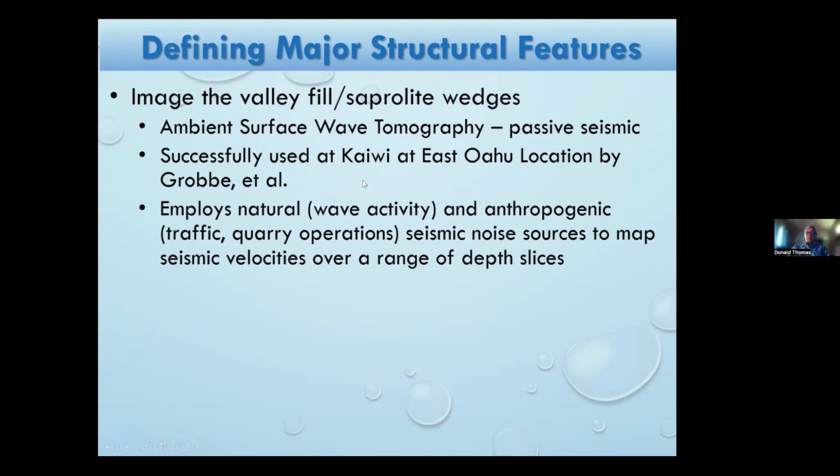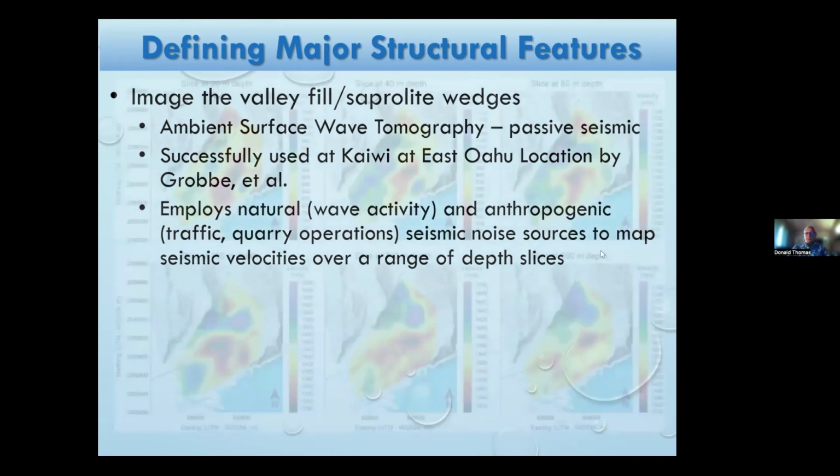The technique employs natural seismic wave activity generated by waves impacting on the shoreline, as well as anthropogenic seismic noise that's created by traffic and quarry operations and similar types of what we call seismic noise, and allows us to develop a map of seismic velocities over a range of depth slices.